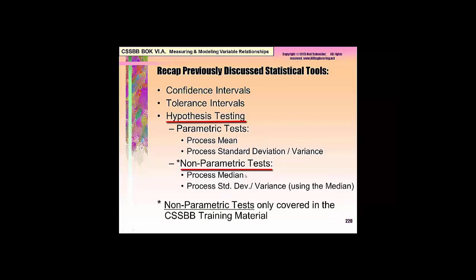And we have alternatives for the 1 sample means test. It's a 1 sample median test called a 1 sample sign test. We also have an alternative for the 2 sample z-test or t-test in the non-parametric tests called a Mann-Whitney test, which is an equivalent test.